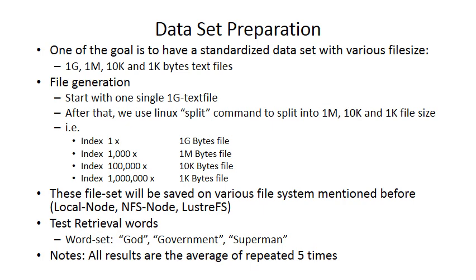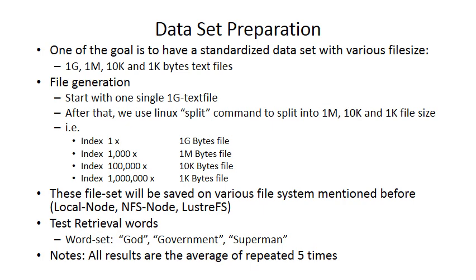For example, we have one big 1 gigabyte text file, then 1,000 1 megabyte text files, then 100,000 10 kilobyte files, and then 1 million 1 kilobyte files. The content will be the same, so there won't be any delta there, and that will be our data set. When generated, all this data will be put into the different file systems, such as local node, NFS, and Lustre.